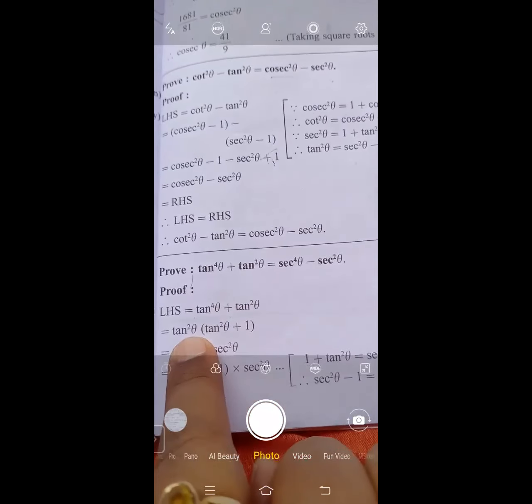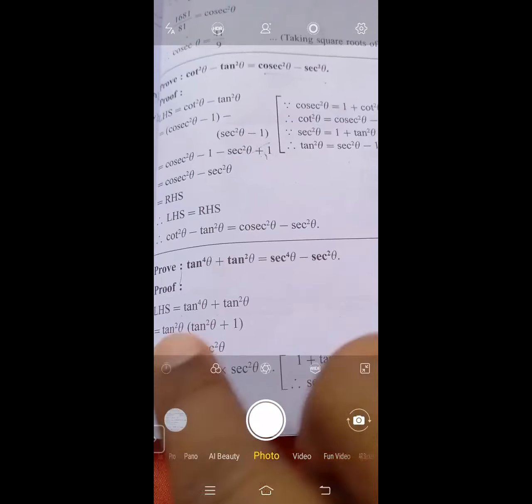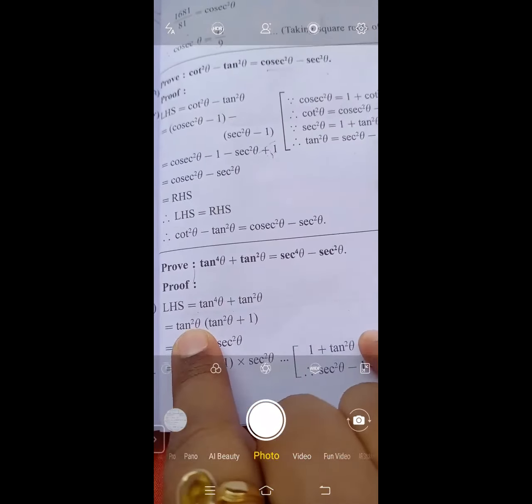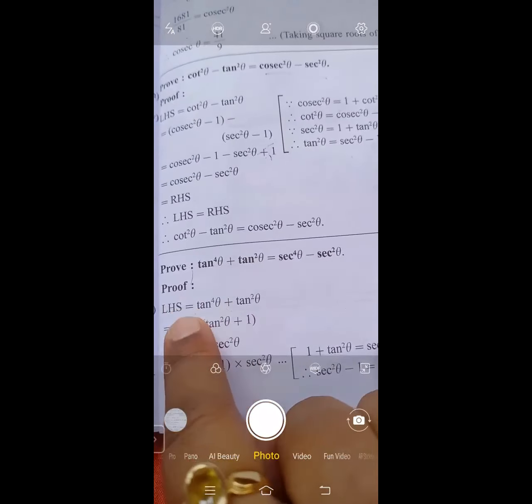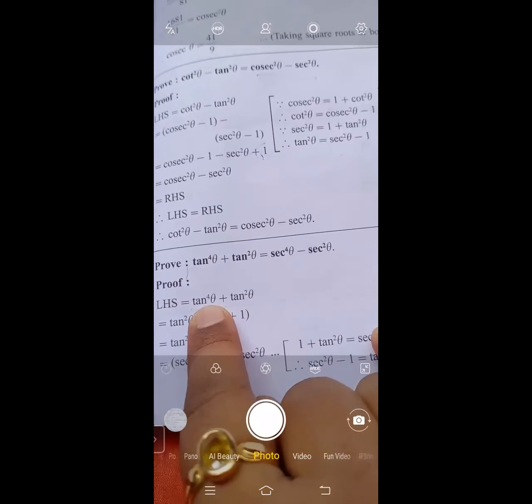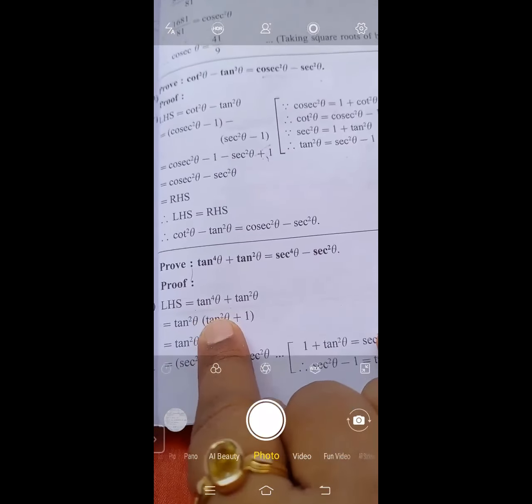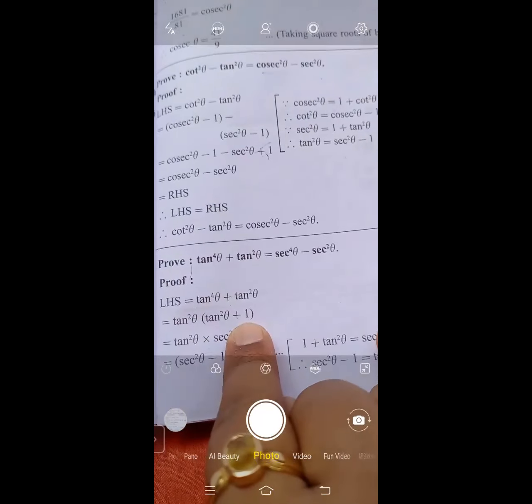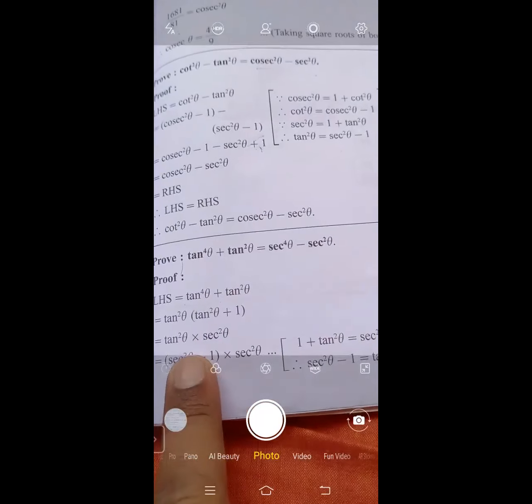So I can take tan square theta common. Taking it out, 4 minus 2 becomes tan square theta, plus the whole tan square theta is taken out, so what remains is only 1. So plus 1 is there.